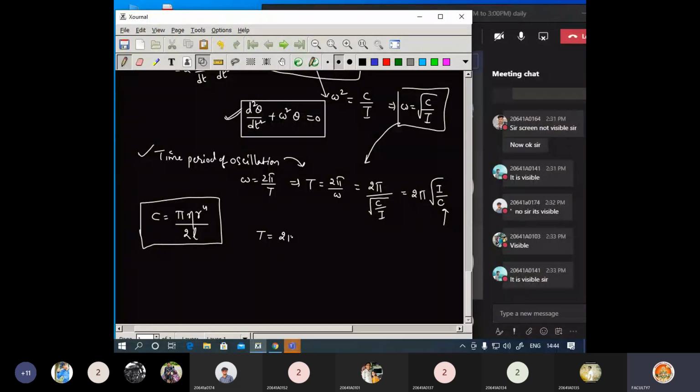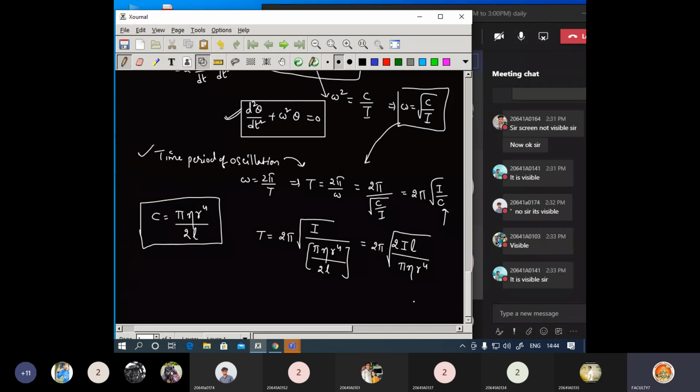T equals 2π root I by πηr⁴ by 2L. Now you rearrange this, you will get 2π root I into 2L by πηr⁴.